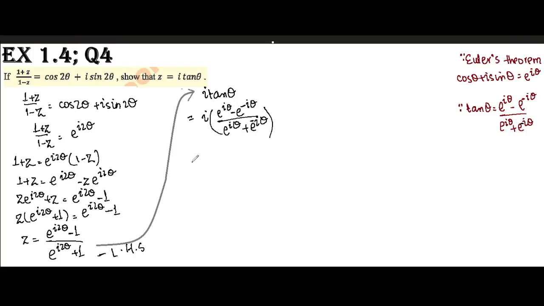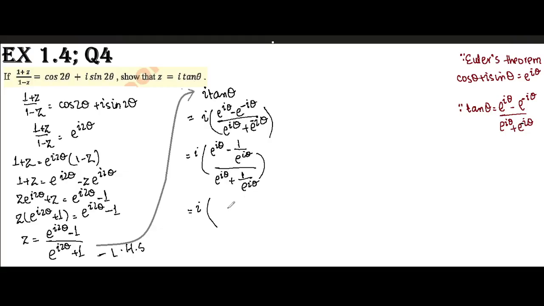Now we have i into e^(iθ) minus, because it is negative, we bring it towards the denominator, 1/e^(iθ), divided by e^(iθ) plus 1/e^(iθ).